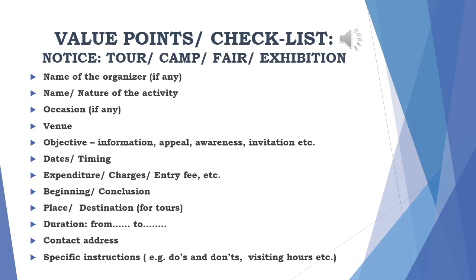Name of the organizer, name or nature of the activity, occasion if any, venue, objectives like information, appeal, awareness, invitation, etc., dates and timing, expenditure, charges, entry fee, etc., beginning or conclusion, place or destination for tours, duration should be given like from this time, this day to this day, or this date to this date, contact address, specific instructions if any like do's and don'ts, visiting hours, etc.